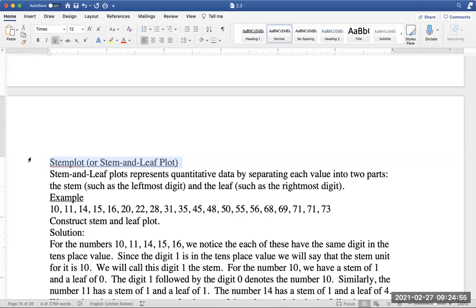Now, in order to draw a stem leaf diagram, your data has to be of a very particular form. Very few data sets can actually be done with a stem leaf plot, unless you do some rounding, or unless your data has outliers, in which case you still have the same problem as with a histogram.